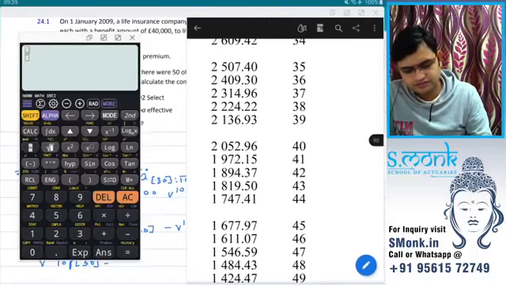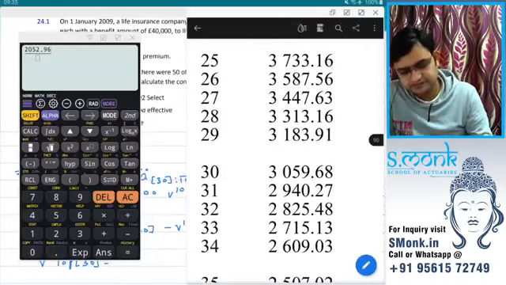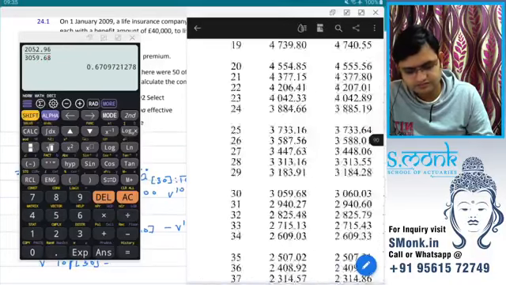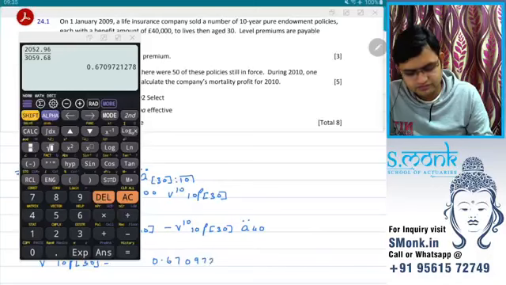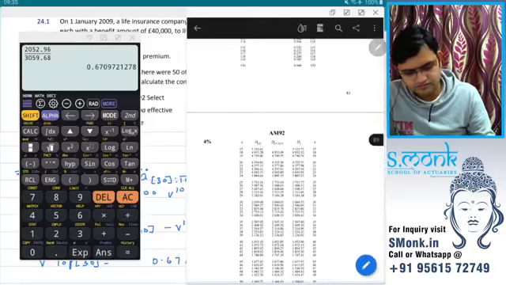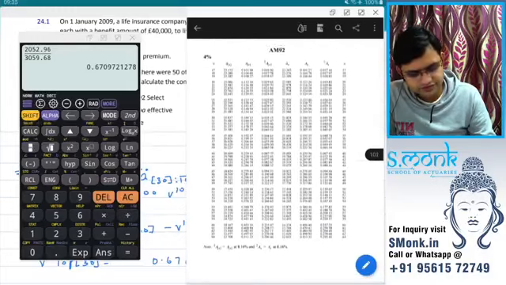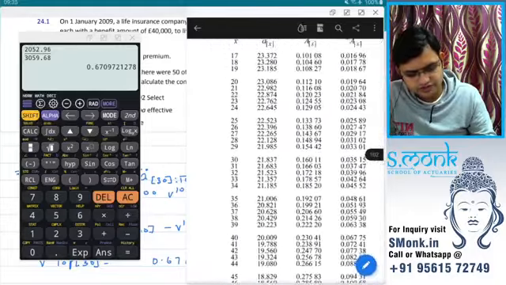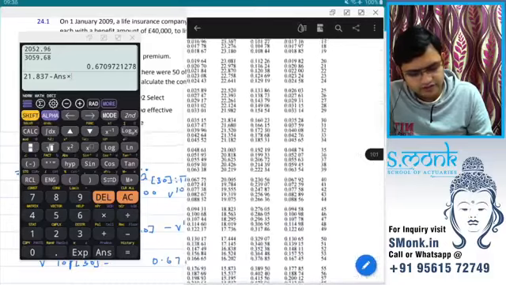D40, D select 30. a-double-dot select 30, into a-double-dot ultimate 40.